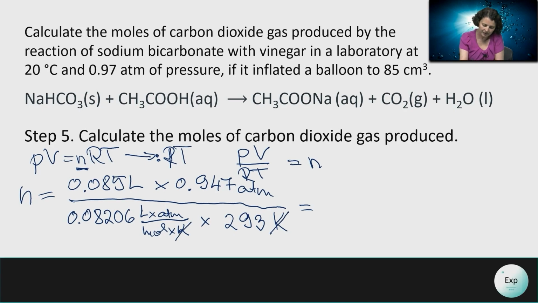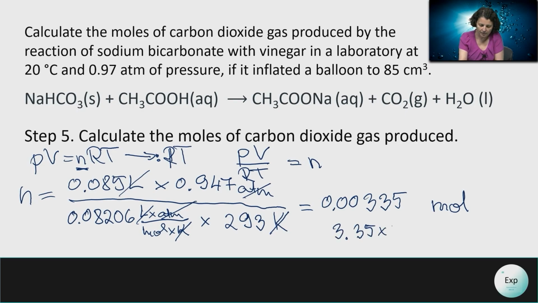We simplify by canceling the Kelvin, canceling the atmosphere, canceling the liters, giving us moles as our final answer. And the number of moles will be 0.00335 moles, or we can write it in scientific notation, 3.35 times 10 to the negative third moles.